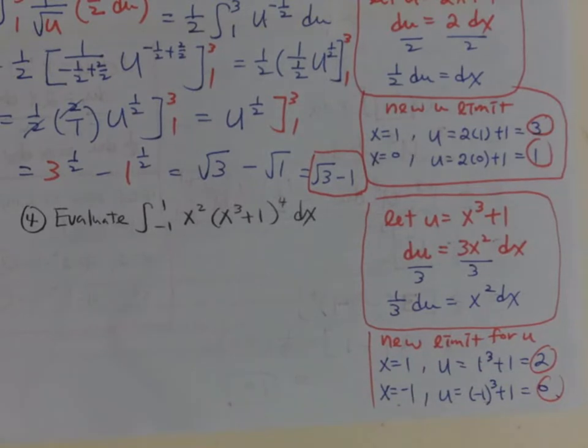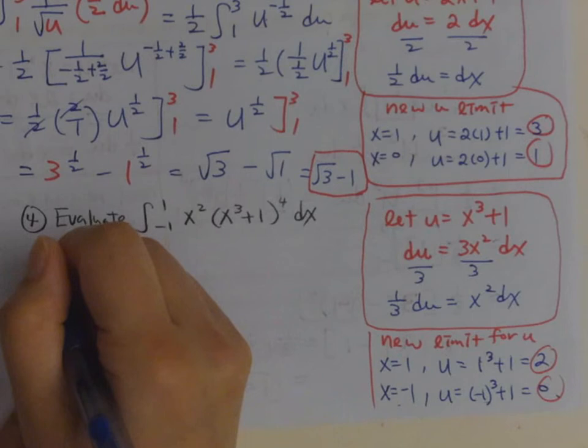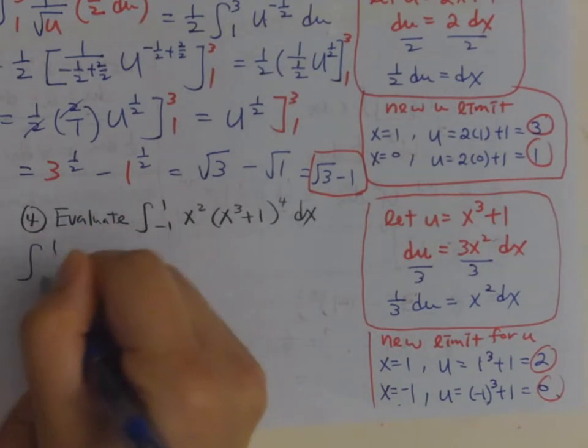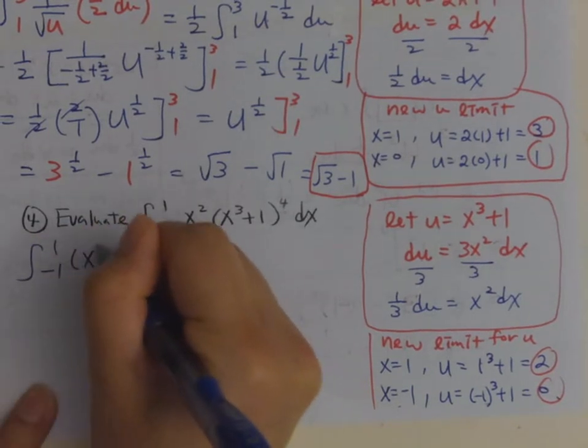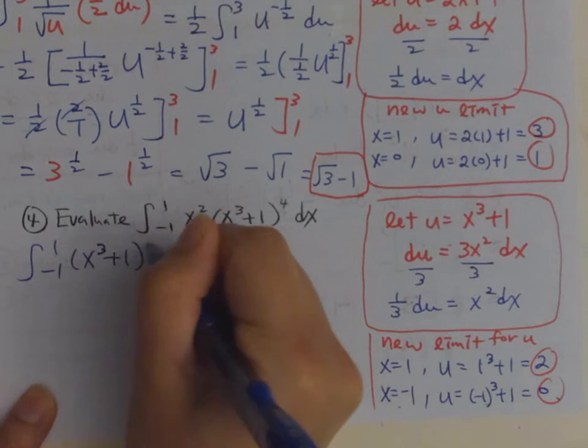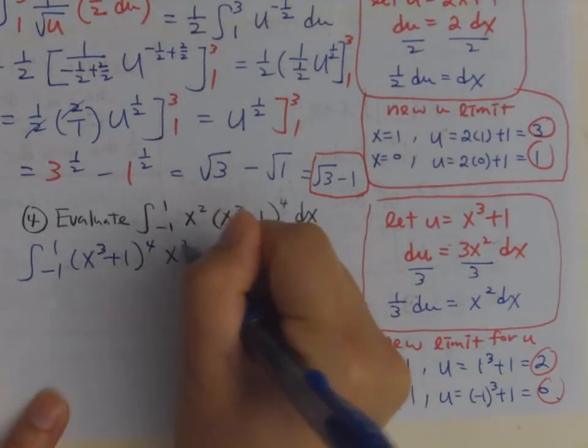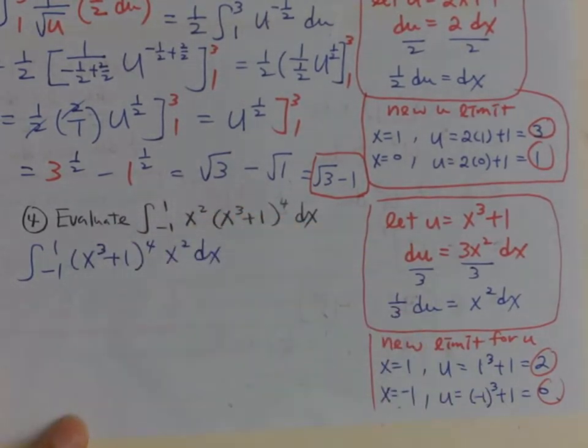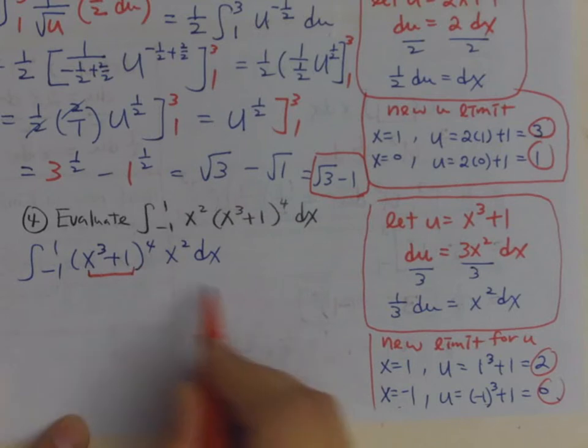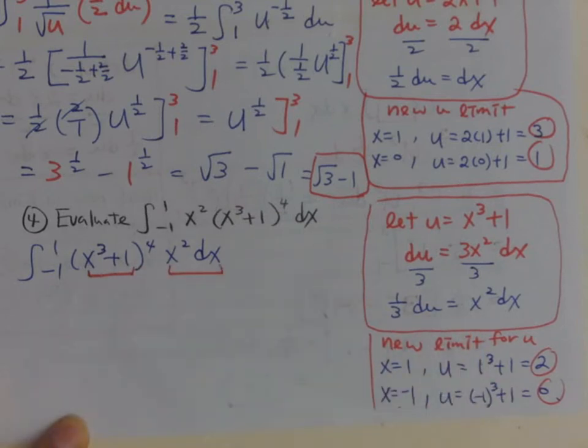Alright, let's see. I'm going to move stuff around so it would be in order. From -1 to 1, x cubed plus 1 raised to the 4th power, x squared dx. So I can have my u here, x squared dx matches exactly, perfect.